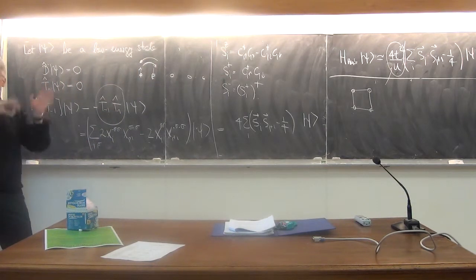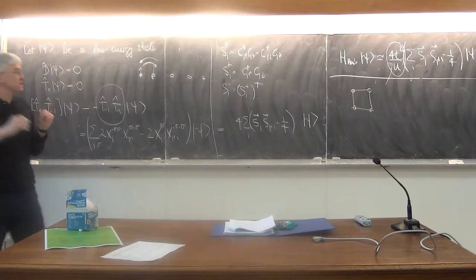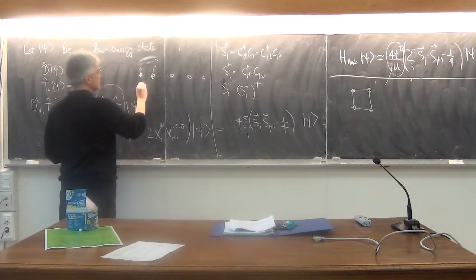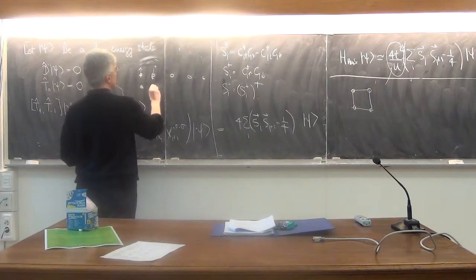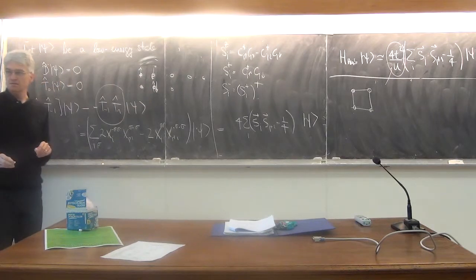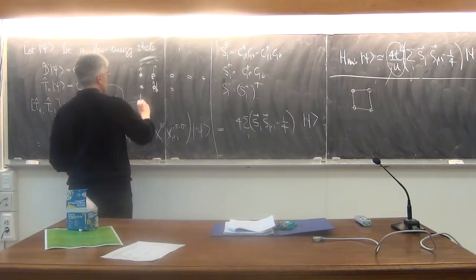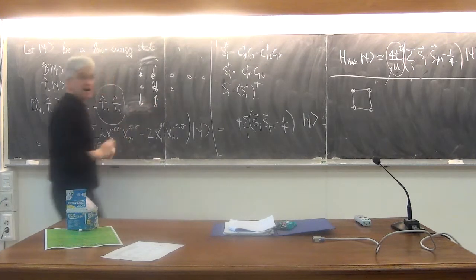So you end up in the same low energy subspace, but what can happen is, you take this one over, so then you have some virtual intermediate state where you have up, down. And now, in the other virtual transition, you take the down back, and you have the up here.